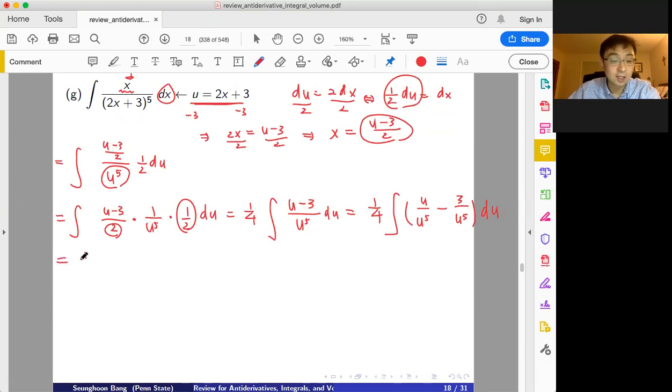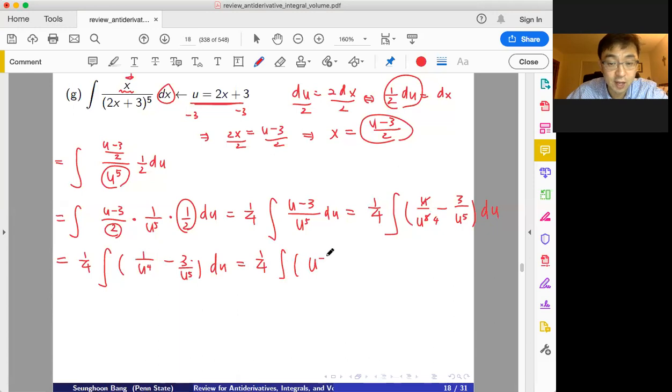Keep 1 over 4. The u is crossed out, so we have 1 over u to the 4 minus 3 over u to the 5 du. You can change it to negative exponents: u to the negative 4 minus 3 times u to the negative 5 du.